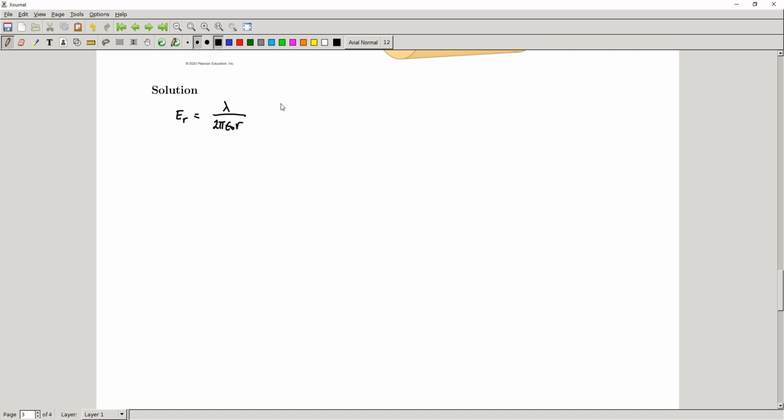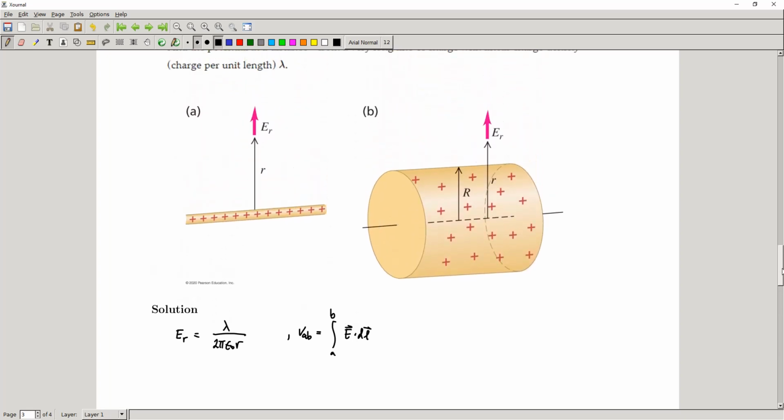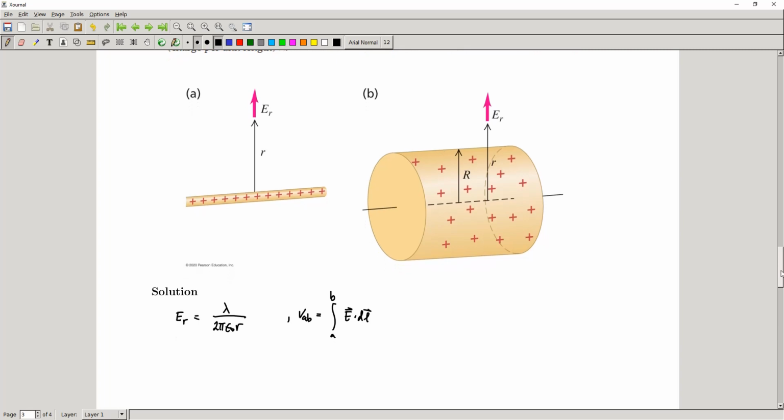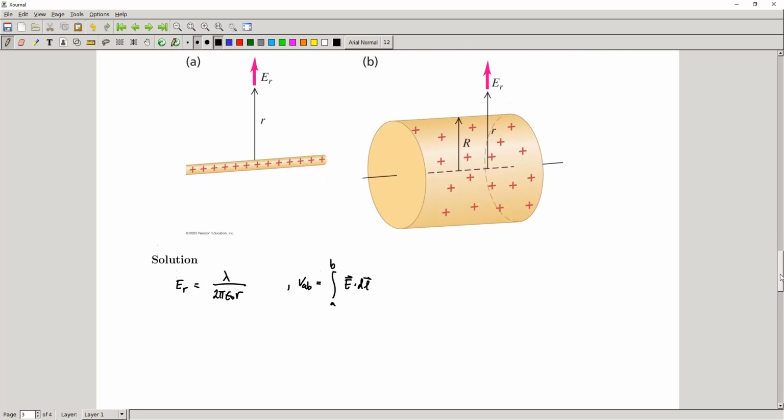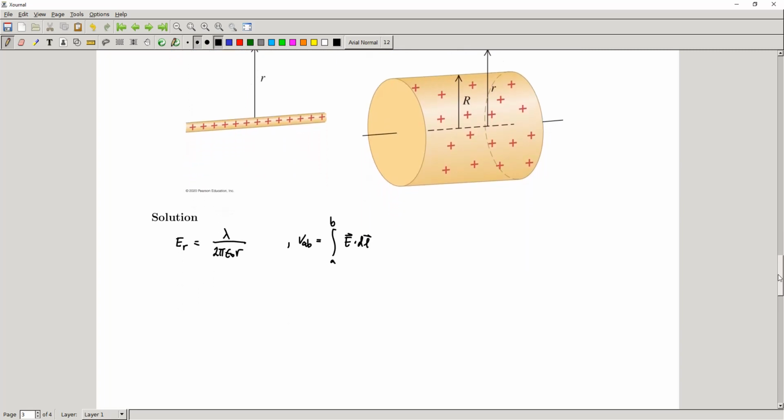Expression 7 tells us that VAB is equal to the integral from A to B of E dot dl. We need to think a little bit about what E and dl are, or at least the directions of E and dl. We know that E is pointing radially away from our infinite line charge. And what is our dl going to be doing?